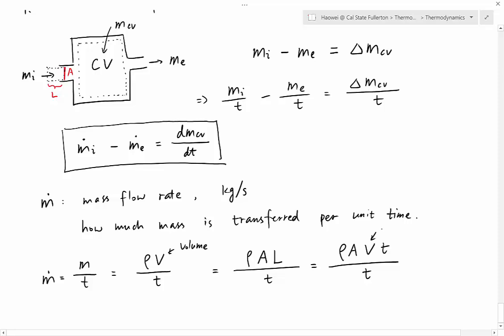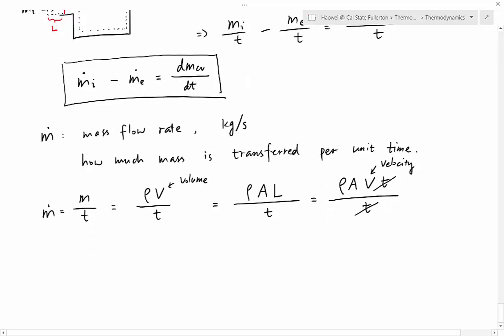And here, V means velocity. It's not volume anymore. So now what do you notice? We can actually cancel time. So the only thing that is left is rho VA. Okay, so finally, our equation for mass flow rate m dot is rho VA.